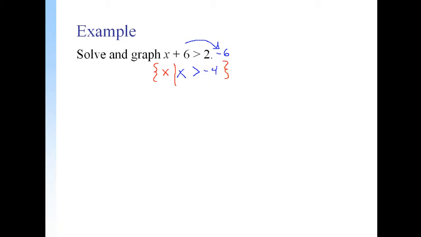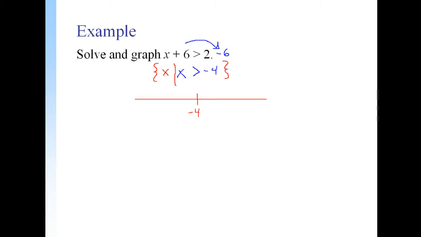Now, the next thing we want to do is to graph it. So in your homework logs, you can just sketch it, that would be fine. And the number you're interested in is -4. So there you've put that on the number line. And it's x is greater.